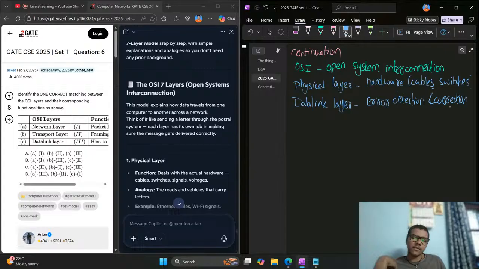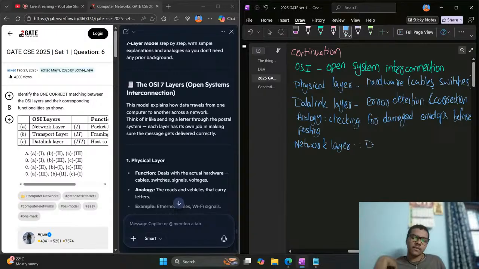I really love the analogy: checking for damaged envelopes before traveling. Alright, and what is the third one? The third one is the network layer.